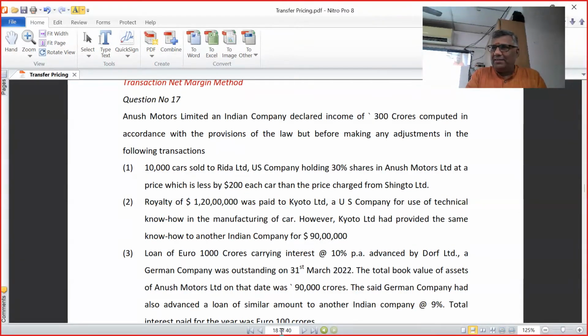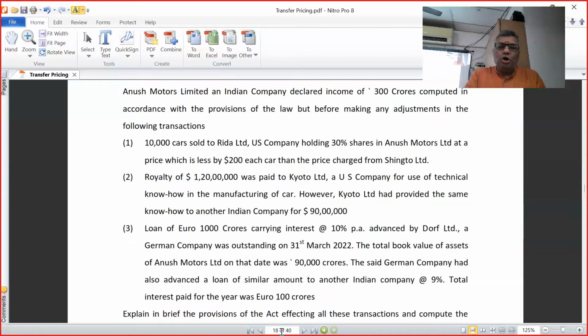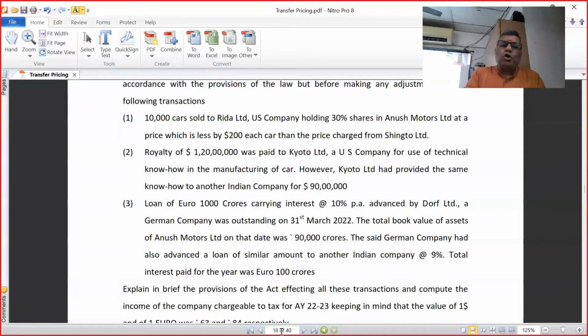So directly $30 lakh. Loan of 1,000 crore euros carrying interest at the rate of 10% advanced by Dorf Limited, a German company, was outstanding. The total book value of assets of Anush Motors is 90,000 crores. The said German company had also advanced a loan to another company at 9%.